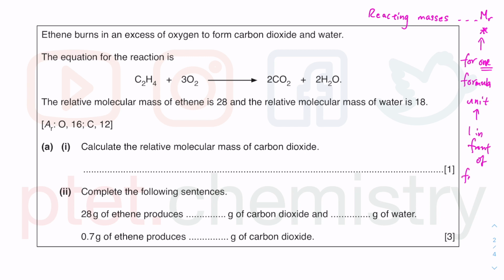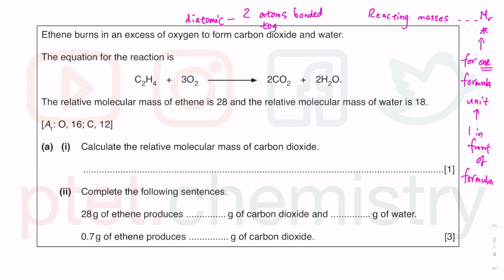So in our balanced equations, we don't have just one, such as this, we have 3, we have 2 and 2, and this is 1 because there's no number in front. This is 1 formula unit of C2H4. This is 3 formula units of oxygen. As you know, oxygen is diatomic. Diatomic means there are two atoms bonded together in that single molecule.